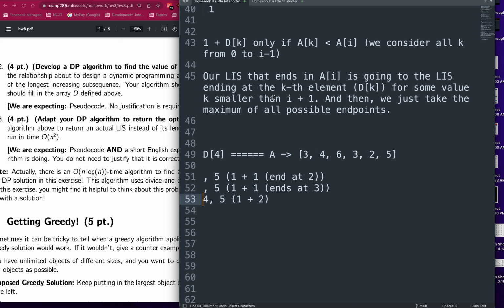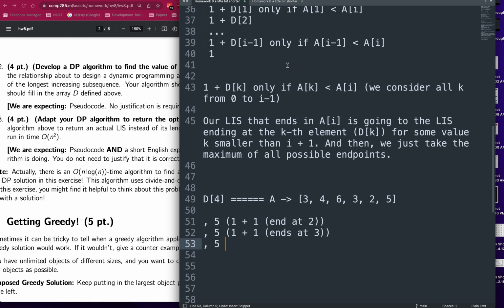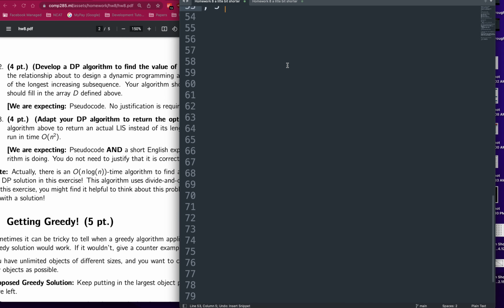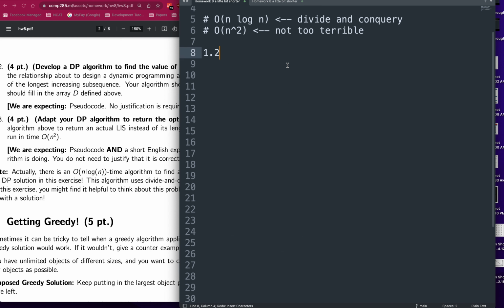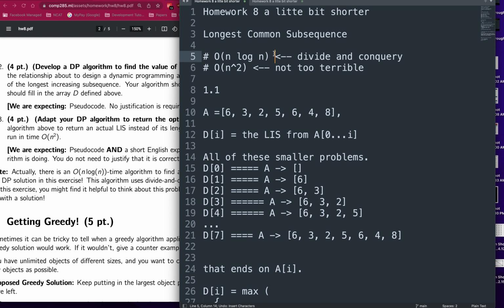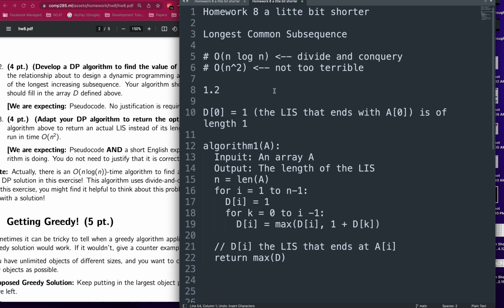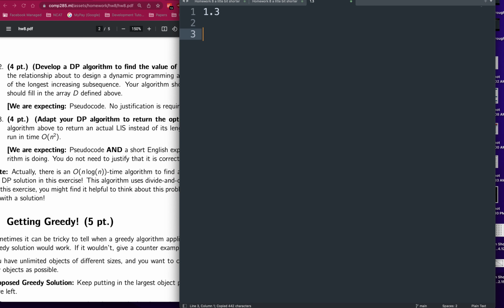Okay, I think this is basically the answer to 1.1, so I'm going to make sure I've got everything written down. Okay, there we go, and let's get started on 1.3.